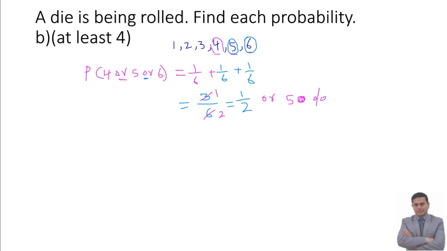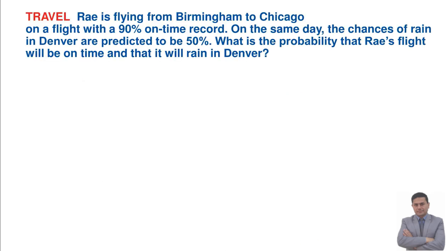Now, let me go to the next example, which is a word problem. We use a practical example here. While traveling, Rai is flying from Birmingham to Chicago on a flight with a 90% on-time record. On the same day, the chance of rain in Denver is predicted to be 50%.